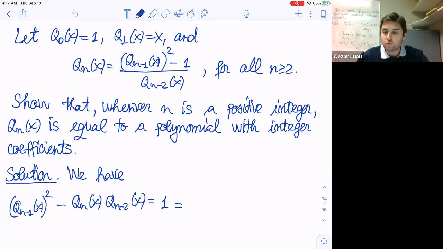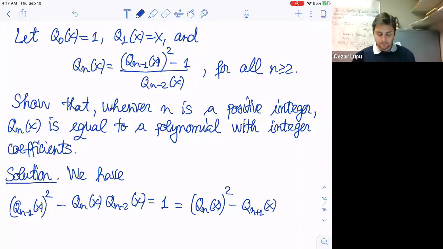And now let's write this for n plus 1. So this would be Qn of x squared minus Q(n plus 1) of x times Q(n minus 1) of x.